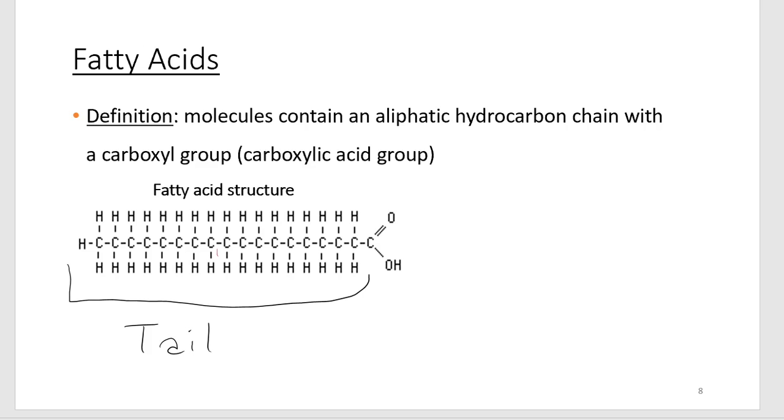And this part of the fatty acid is called the head. So the head is composed of carbon, oxygen, and hydrogen. Anytime you have COOH together, that functional group is called a carboxyl group. So the head is the carboxyl group.